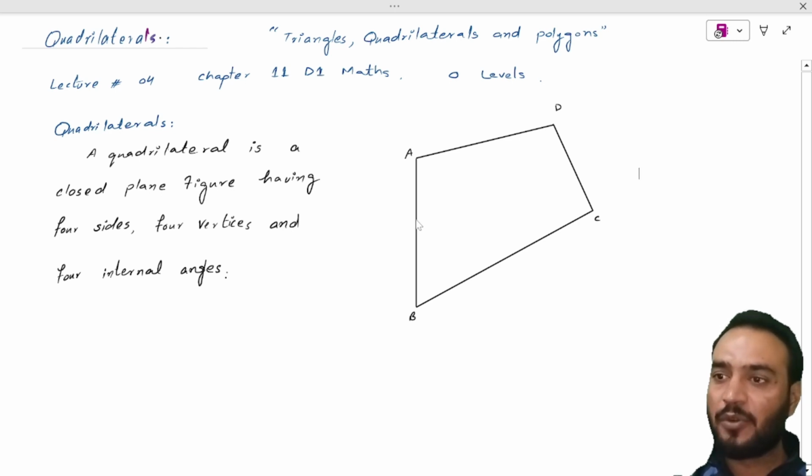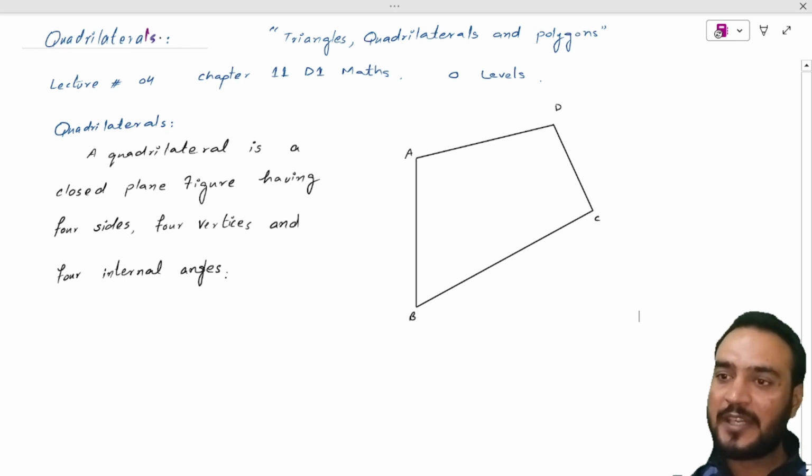This quadrilateral, this geometrical figure has four sides: AB, BC, CD, and AD. These are four sides of the quadrilateral, and the vertices are A, B, C, and D. These are four vertices.